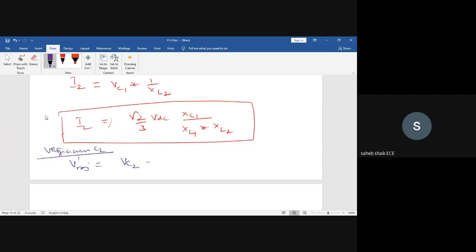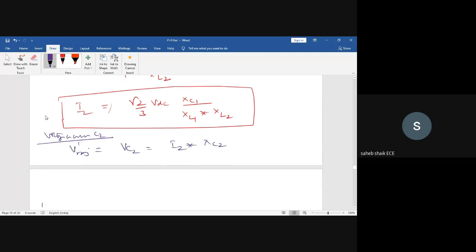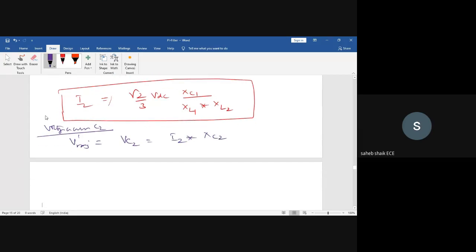This is nothing but I2 into XC2. Right? Is this formula okay? Let's substitute it. It is a direct substitution: root 2 by 3 VDC into XC1 XC2 by XL1 into XL2.